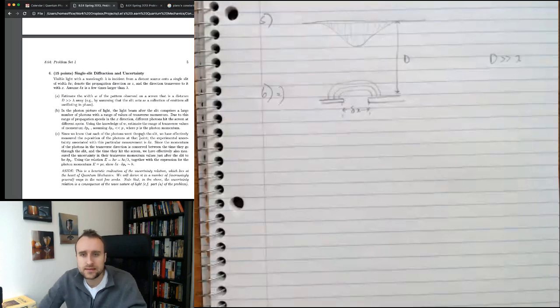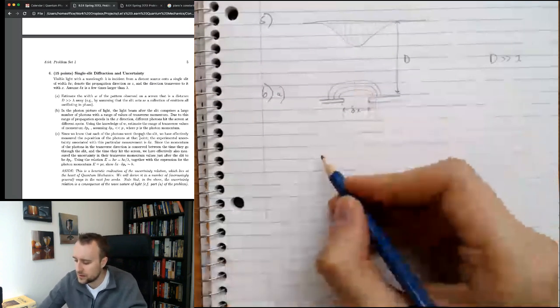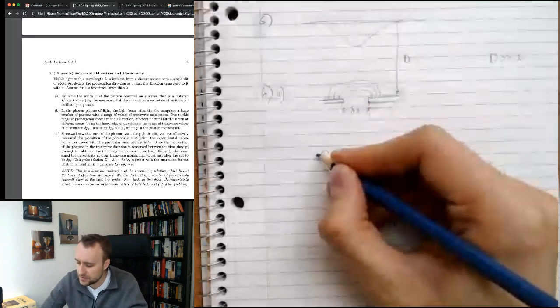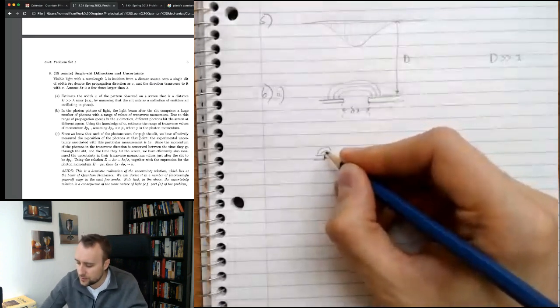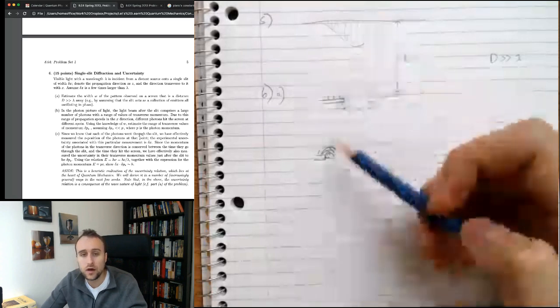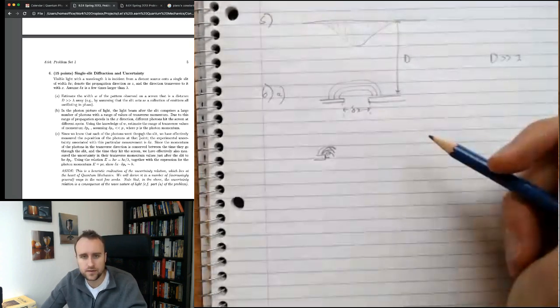By assuming that the slit acts as a collection of emitters all oscillating in phase. So the way we're going to solve this problem, I guess, is that each of these is imagined to be some kind of point source. So we're going to have to integrate over a bunch of things as they're each accumulating into this wave that is hitting.